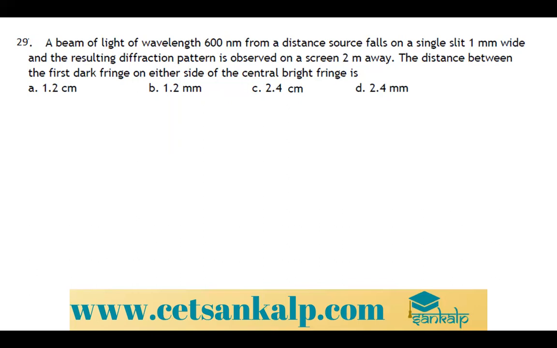The distance between the first dark fringe on either side of the central bright fringe is asked. The condition for first minima is nothing but d sin theta, or you can also write a sin theta.